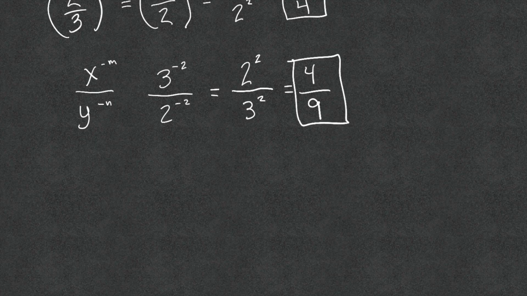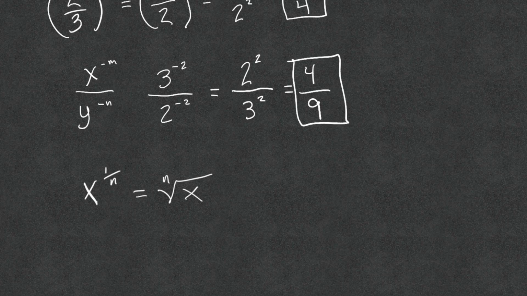So now we want to think about what happens when that exponent is a fraction. We looked at it as positive, we looked at it as negative, and now let's look at it as a fraction. Essentially, what this translates to is this.